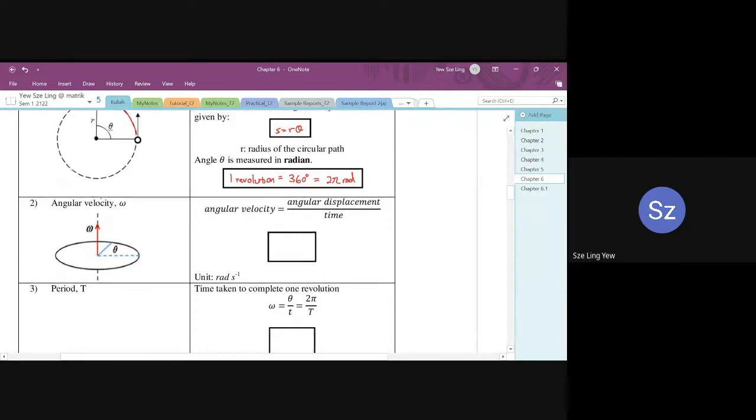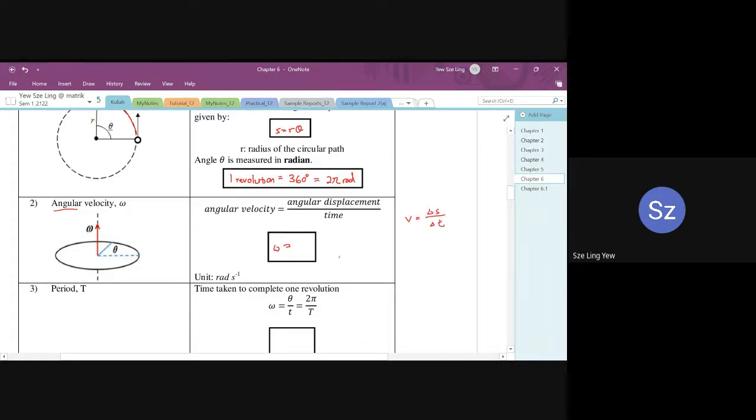So the second thing: just now we were looking at the angles, the displacement in circular motion. We call it angular displacement. Now we are going to look at the velocity in a circular motion, which we call angular velocity. Angular velocity is equal to the displacement over time. Basically the equation is the same as in linear motion. In linear motion, we have v equals delta s over delta t.